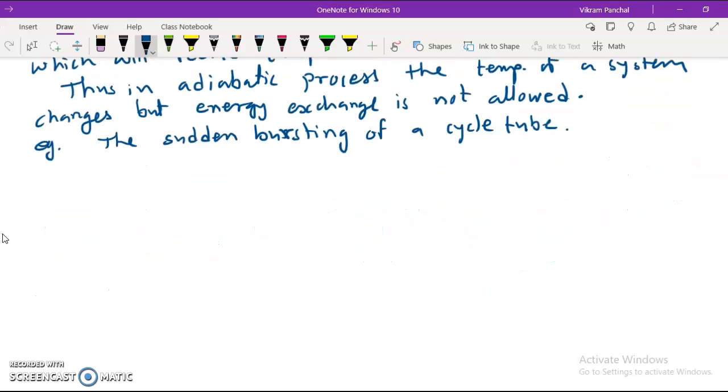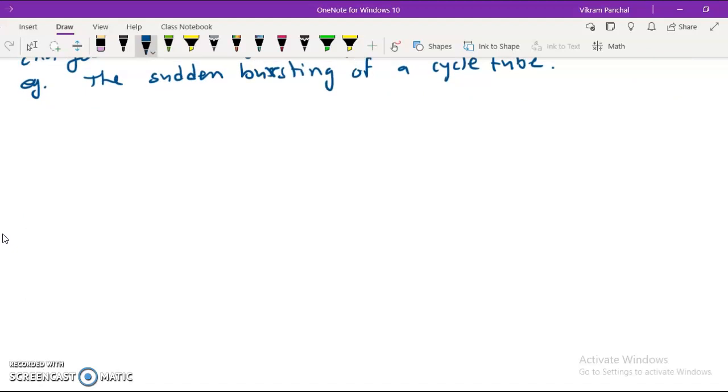Now we will see another process, and that is isobaric process. Again, name itself reveal that isobaric means it is related to pressure.